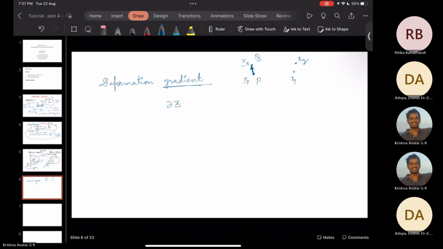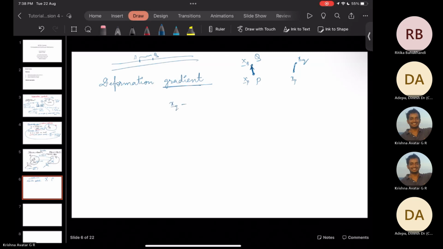Say we had a fiber, and we are just considering an element of that fiber, a small segment between point P and point Q. After deforming it, the fiber will still remain a fiber, because here we are considering continuum mechanics, in the sense that the material deforms continuously.